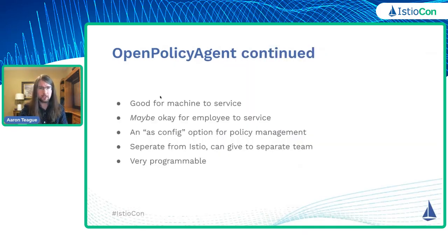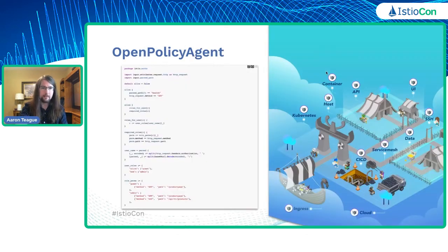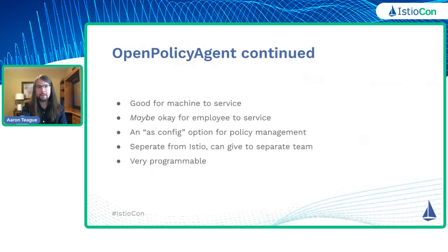Anyway, this is pretty good for machines in that, to make this change, it is a configuration push and a new deployment. You have to deploy the changes. So with things that don't change a lot, like machines to your service, probably fine.